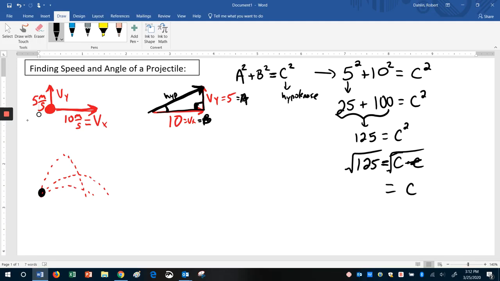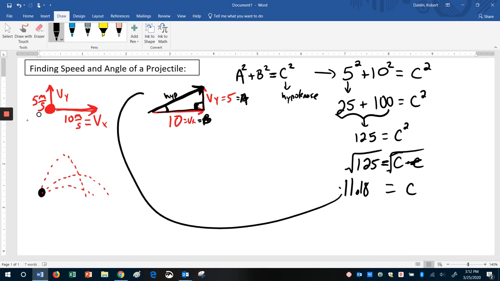You get C equals the square root of 125, which, if I do the square root of 125 on the calculator, I get 11.18. Now, look real carefully at the question. This is the length of that.